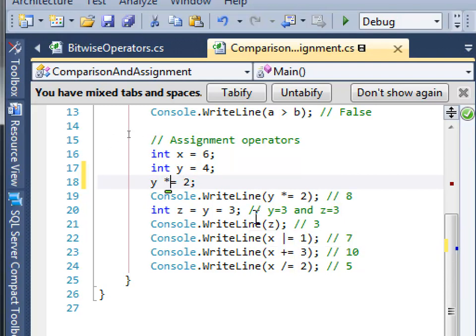So whenever you have an operation like this, which is just next to an equal sign, that means take the value that you have, make the operation on the value itself with what you have on the right side, and assign it back to your variable.